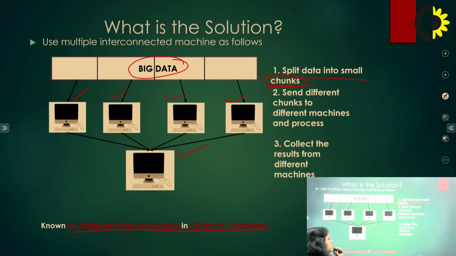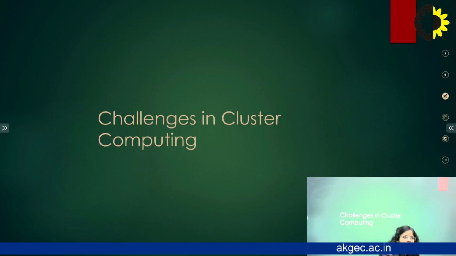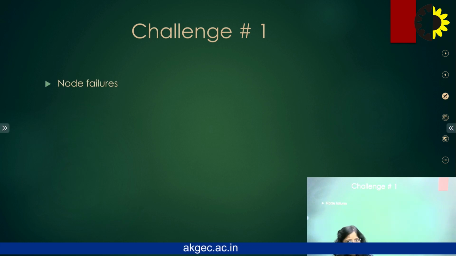Distributed computing can solve the problem of how we can process the data, but there are some challenges which can occur using cluster computing. Challenge number one: we are storing the data in different machines, and here we call one machine a node.